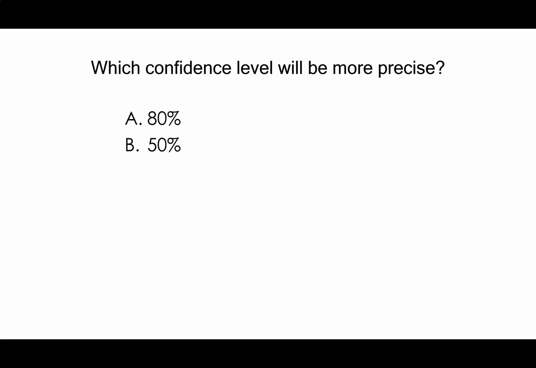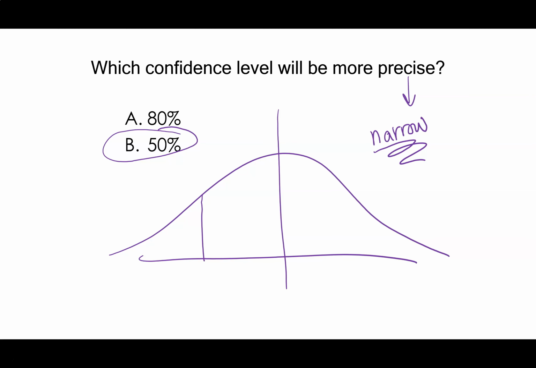So considering all of this, which confidence level will be more precise? By more precise, we mean narrow. I have never heard of anybody using a confidence level of 50%, but 50% will be the narrowest. So think if I had the middle 50% here.